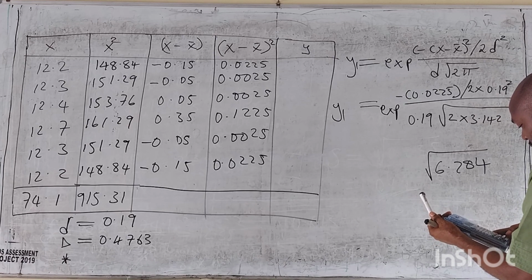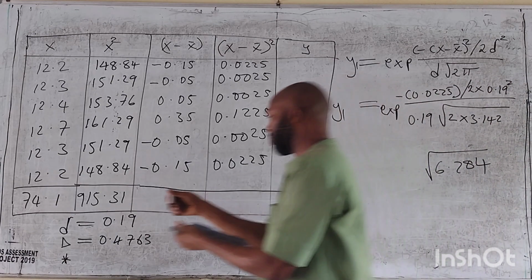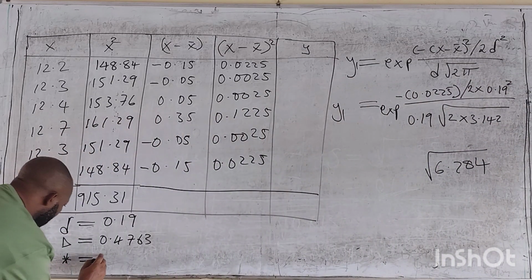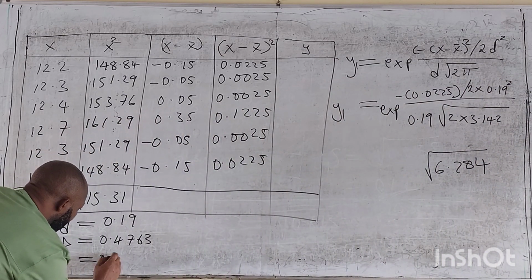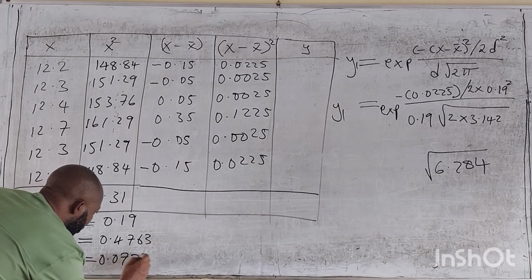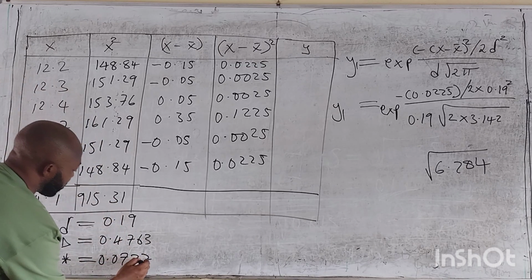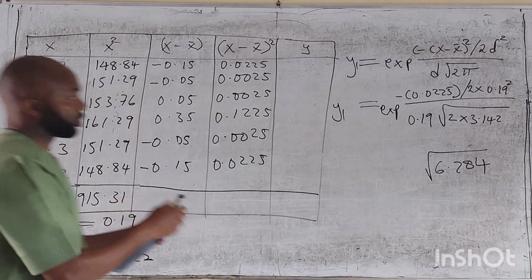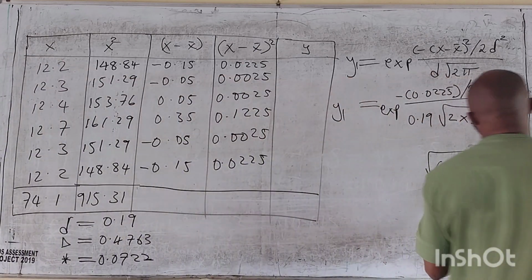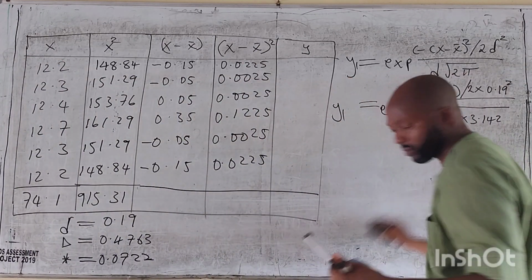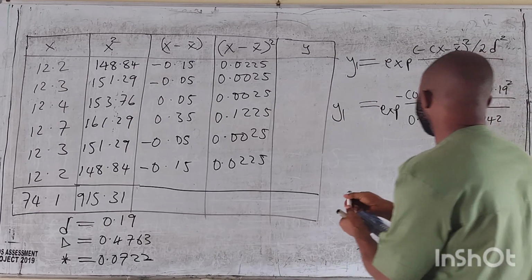Times 2 is 0.0722. The other part is 0.0722. So, I can now proceed further to make it faster.